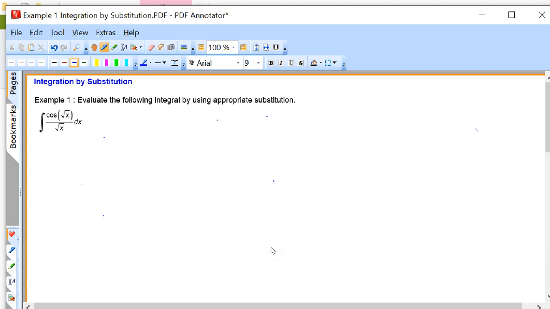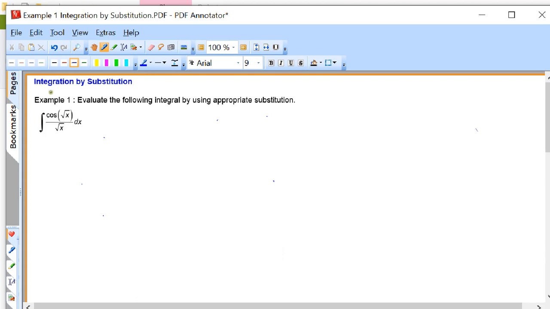So you have to simplify it first so that you can integrate the function. Now to modify the function, you're going to apply integration by substitution. Integration by substitution means that you're going to let the function be in terms of u, and then you have to differentiate the function.